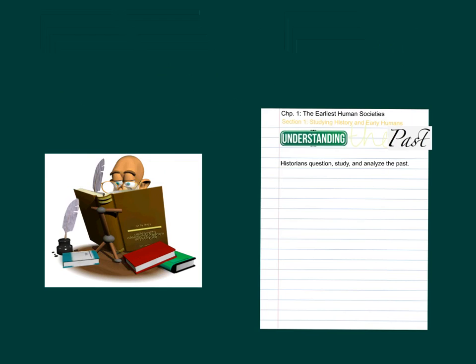If you leave that title off, your notes will tend to get a little confusing. So always make sure you put the topic heading. Once you put the topic heading, you don't have to write it anymore. So Understanding the Past is the topic heading, and then you start writing bullet points. Historians question, study, and analyze the past. That would be your first bullet point.